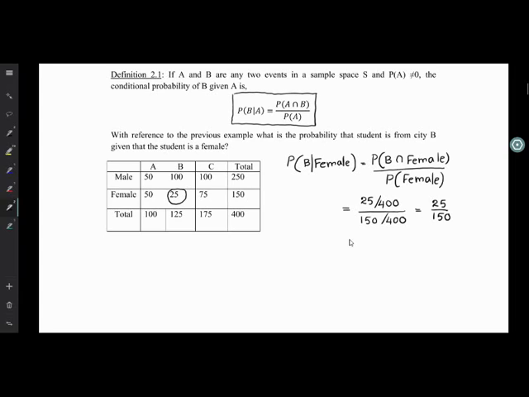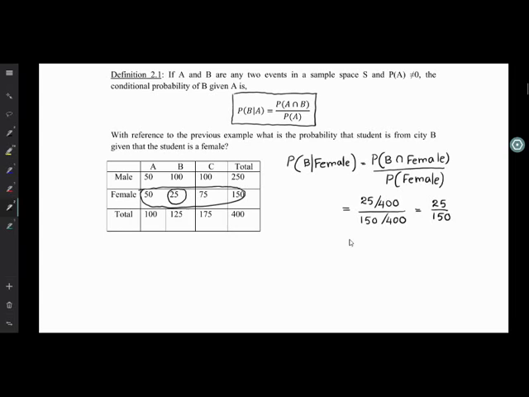If we use the method we did earlier, when we know the sample space is restricted to females only, here's our female sample space now. We have only 150.